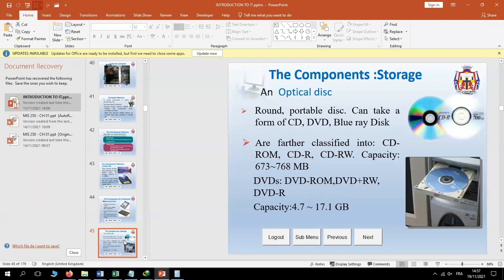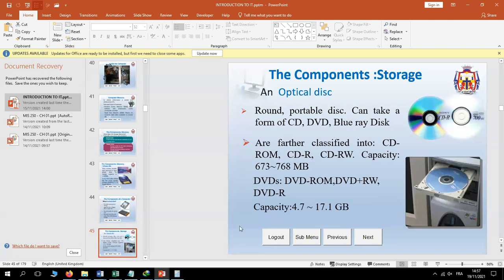Then on these DVDs and CDs, sometimes we have some inscriptions, such as, for example, CD-ROM, okay, or DVD-ROM, okay. Then we have CD-R or DVD-R, okay. We have CD-RW or DVD-RW.